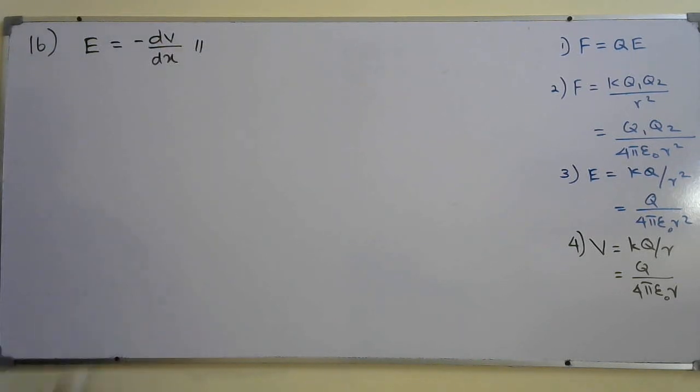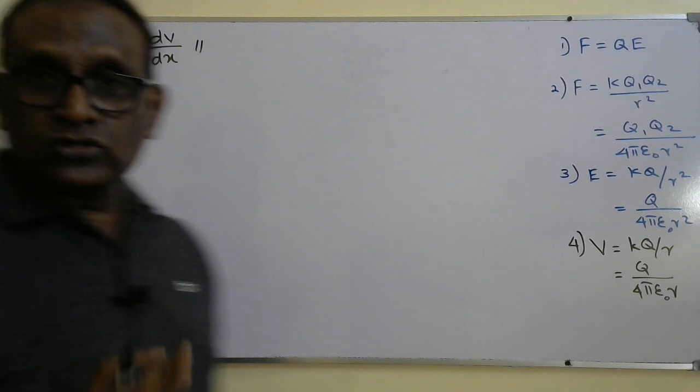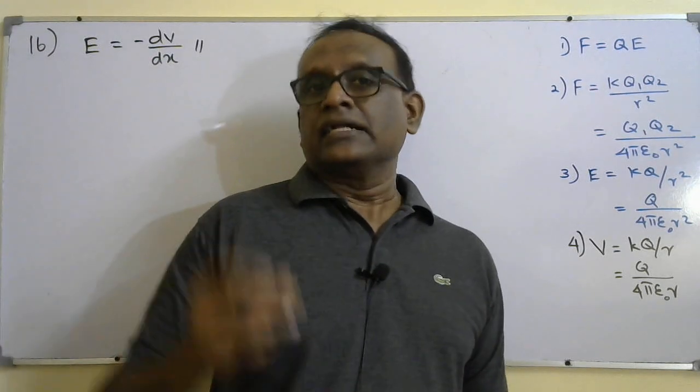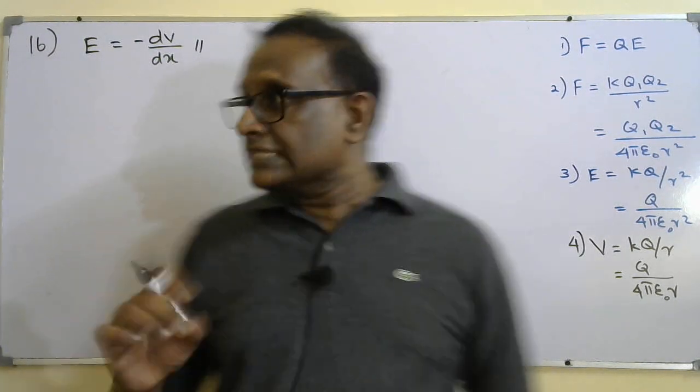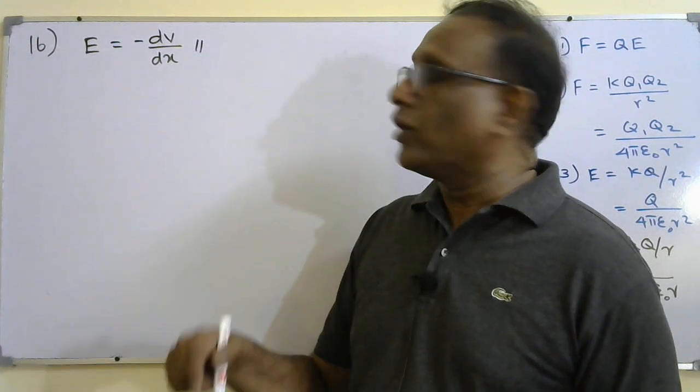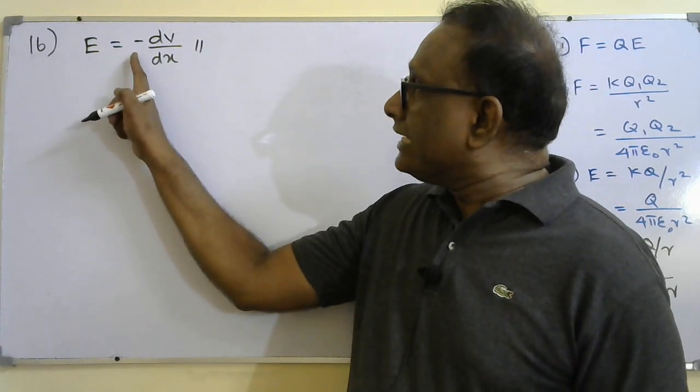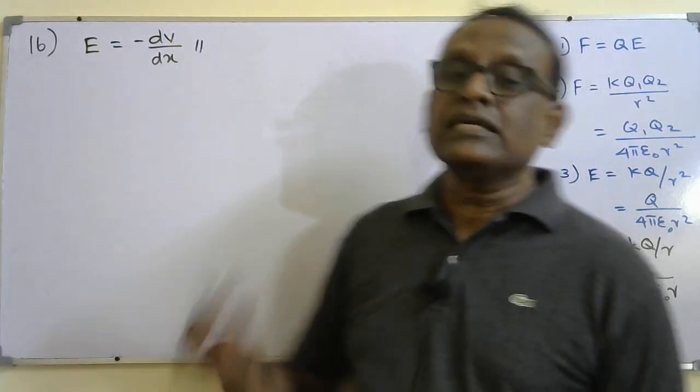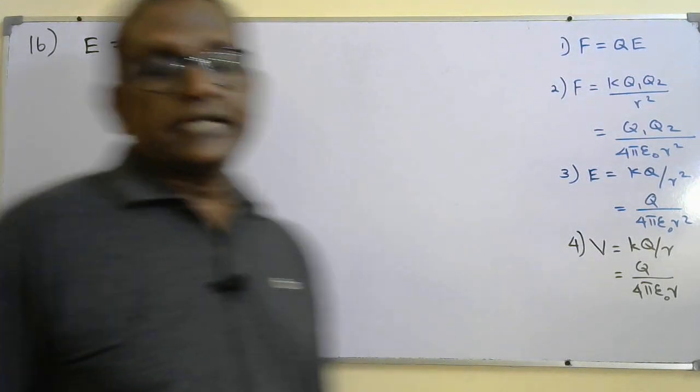Better know that. We won't get any questions in the calculus format, but better know that the resultant electric field strength at a point is equal to the negative potential gradient at that point.